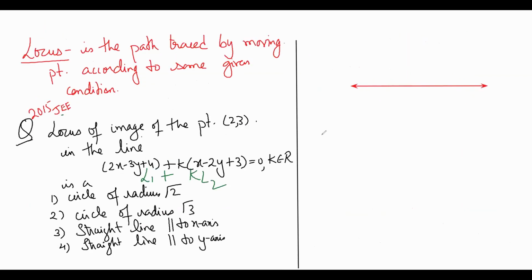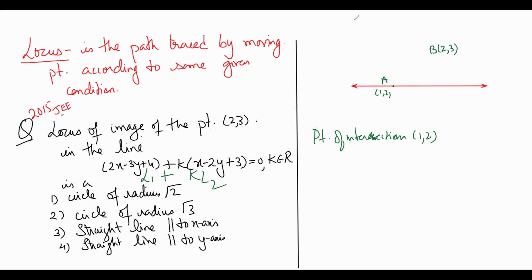So using the shortcut, my point of intersection comes out to be (1, 2). This point A is the point of intersection of the two lines, and the object is here at (2, 3).